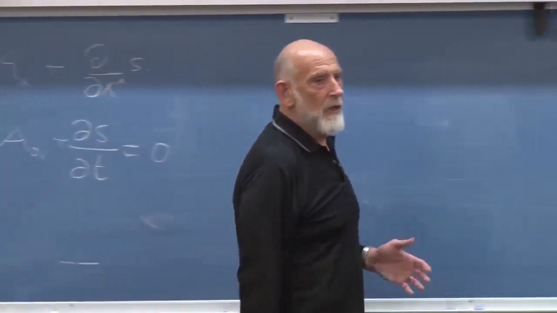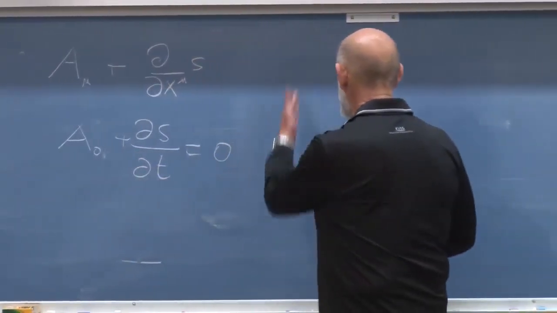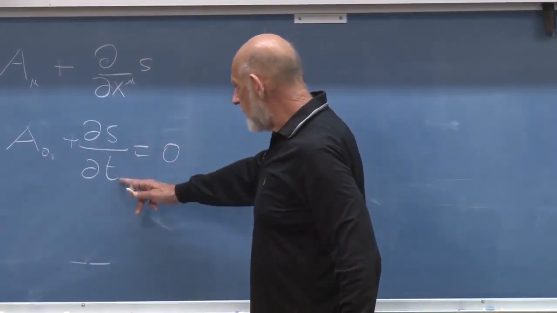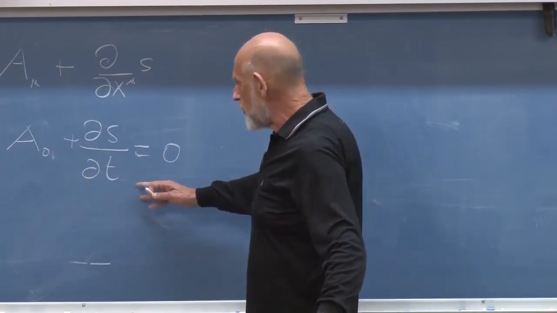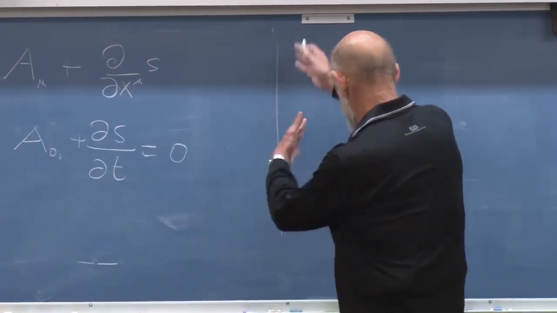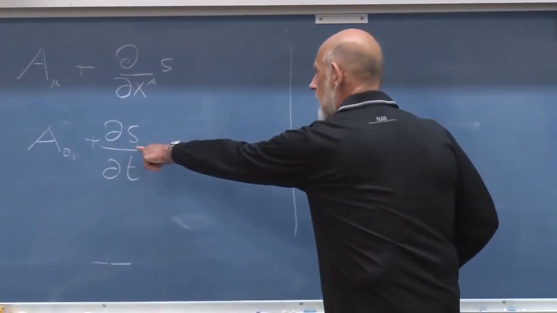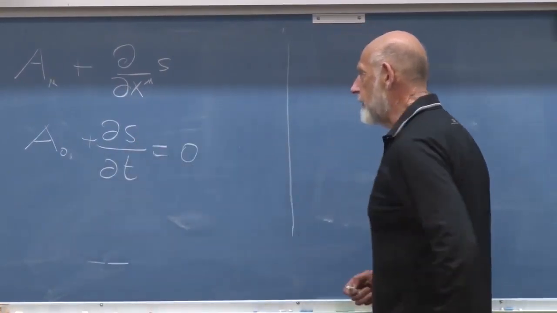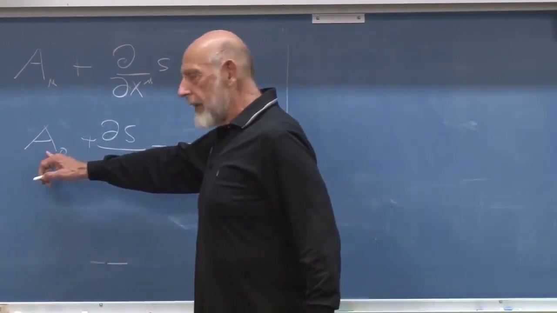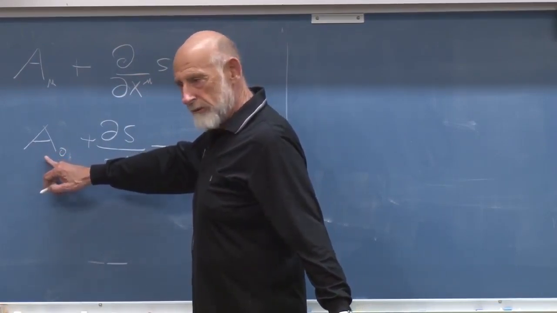The answer is yes. Given any function at a point in space, remember this is a derivative with respect to time at a fixed position in space. So you go to that fixed position in space, right over here, and you say, can I pick S so that its time derivative is minus some pre-existing or pre-specified A0?